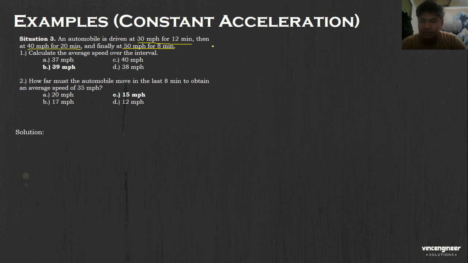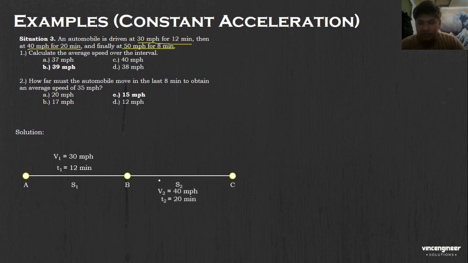First, an automobile, labeled as point A, is driven at 30 miles per hour for 12 minutes. So there is a distance S1, with velocity 30 miles per hour and time 12 minutes. Then from B to C, we label the distance as S2, with time 2 equal to 20 minutes and velocity 2 equal to 40 miles per hour.